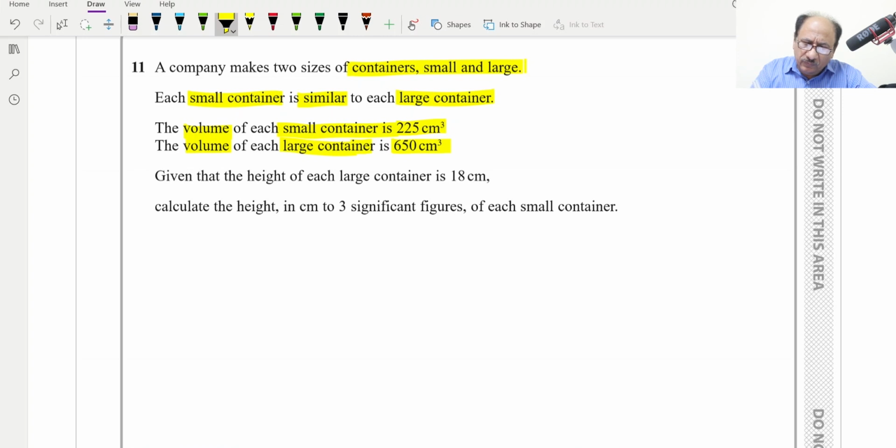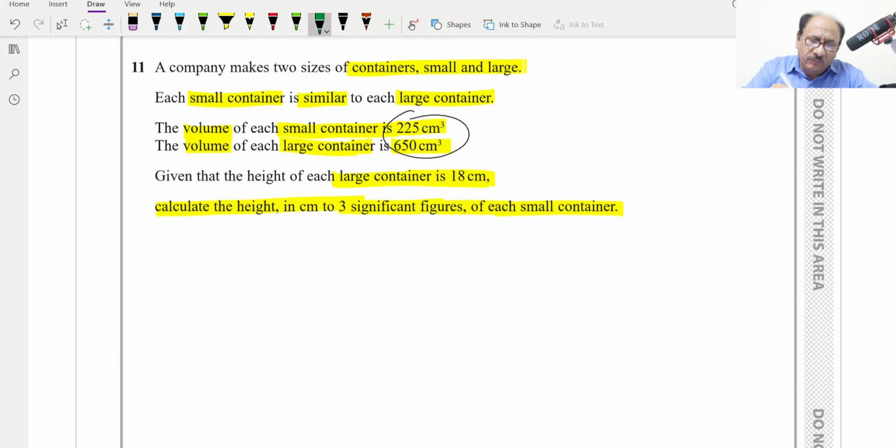So ratio between volumes is provided, and numbers are provided, these two numbers, so we'll be using that. Given that the height of each large container is 18 centimeters, calculate the height in centimeters to three significant figures of each small container.